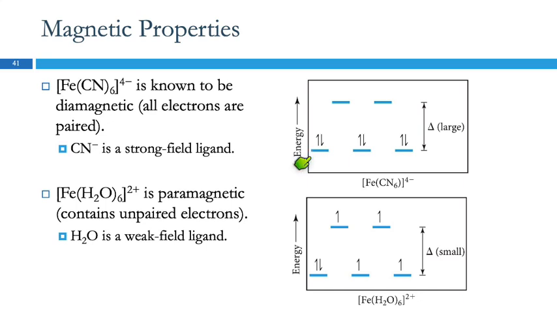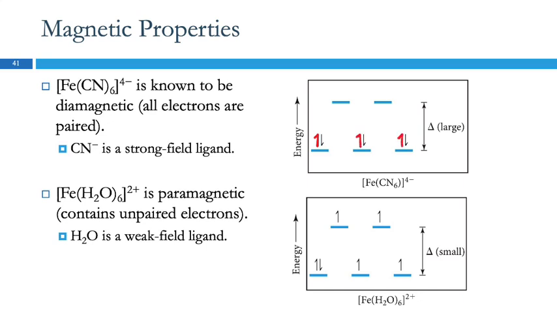So here, all the electrons are paired up. This iron has 6 electrons in these orbitals. And as they come in and take their spaces, the first one's going to take this one, and then this one, and then this one.